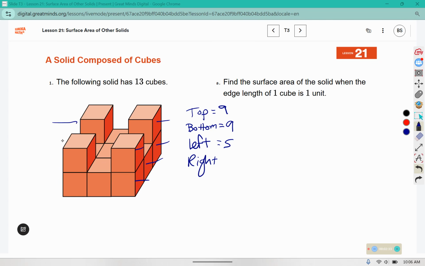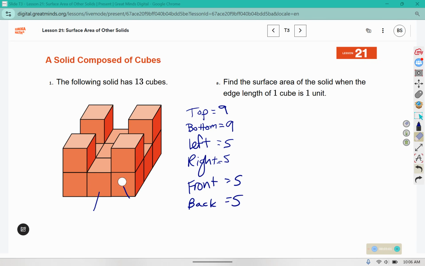Coming from the right side, 1, 2, 3, 4, 5. From the front, we have 1, 2, 3, 4, and 5. And so then from the back, we would also have 5.